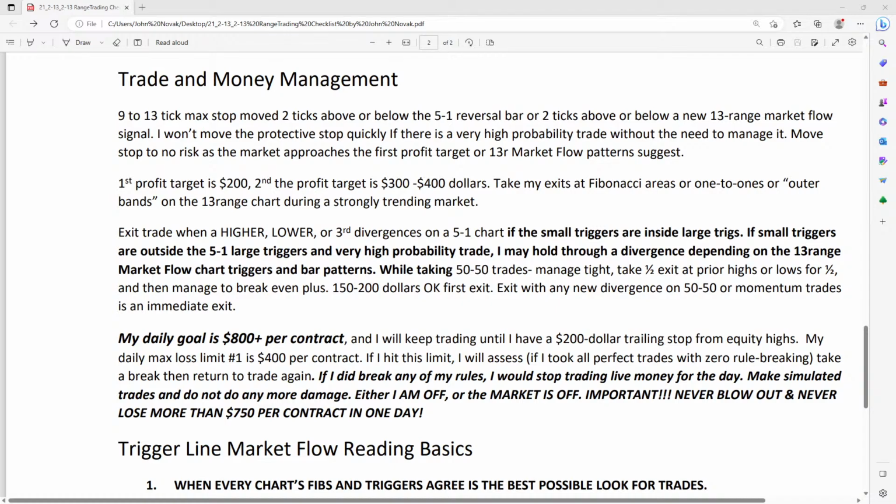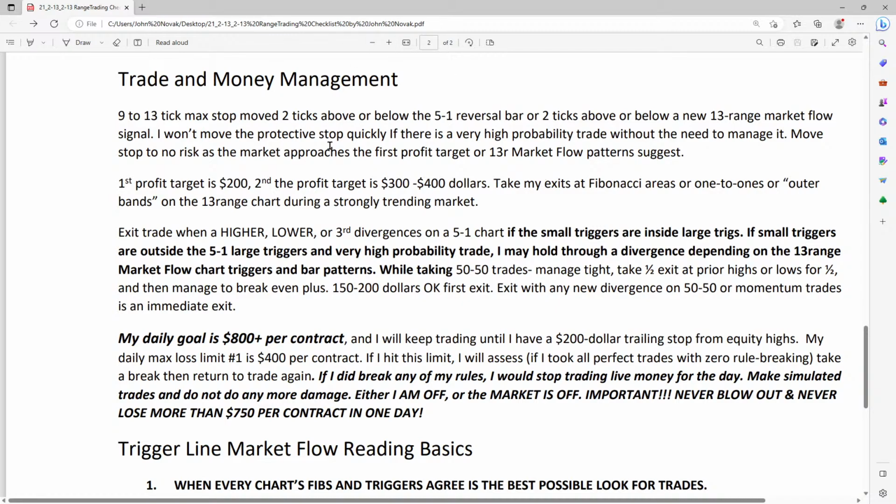I'm giving it to you because this stuff works, and I want you to make it your own. And you're not going to make it your own just by reading it, you have to actually trade it. You have to practice it. You have to do it 1,000 times.